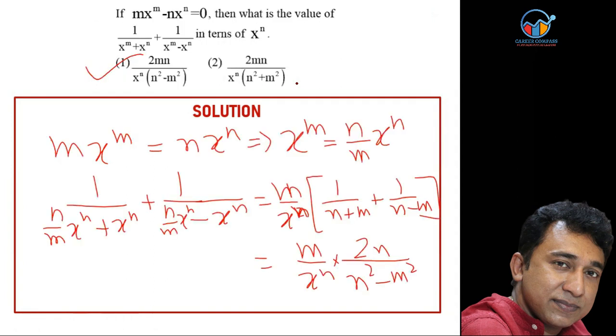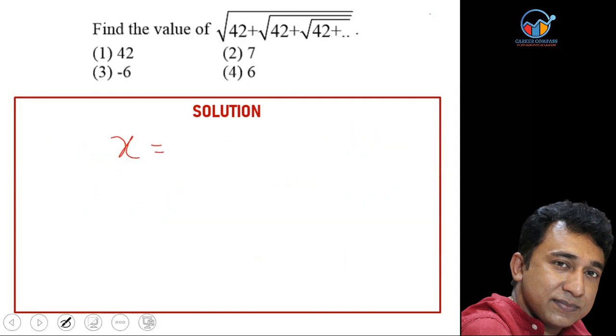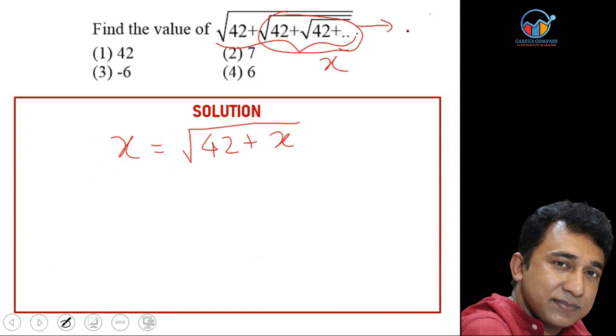So see guys, first of all, if I look at a typical way to solve this kind of problems, please understand, if I take this entire expression as x, then this is a recursive function. So which means even this part that you have will also be x, right? Because it will go on up to infinity. Now, if you square both the sides, you will have something like this. So you can do a middle term split and you can get two values of x, right?